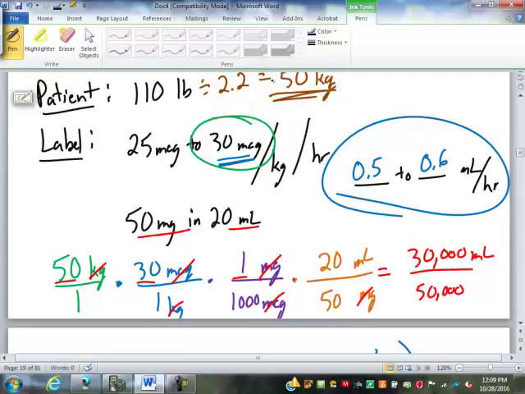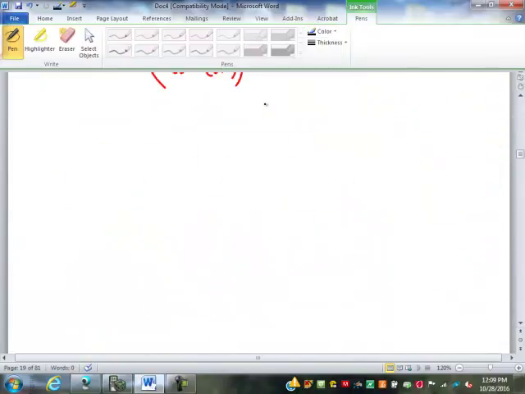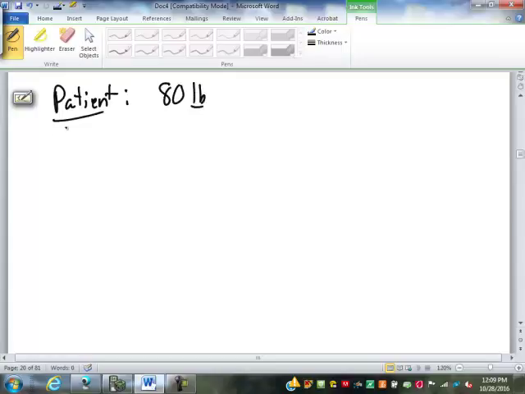So that's one possible application of a titration. The other possible application is for times. Let's say we're looking at a patient who is, let's go 80 pounds.